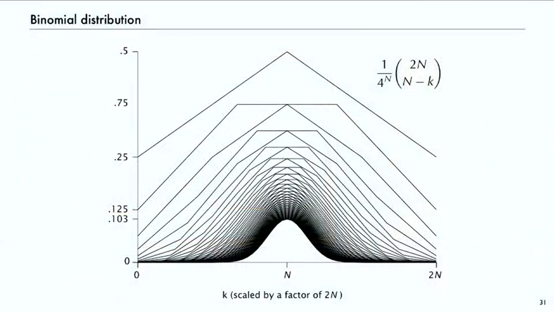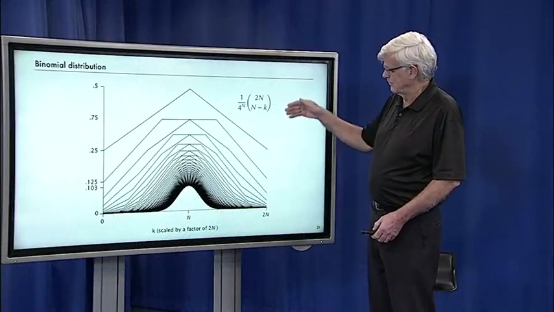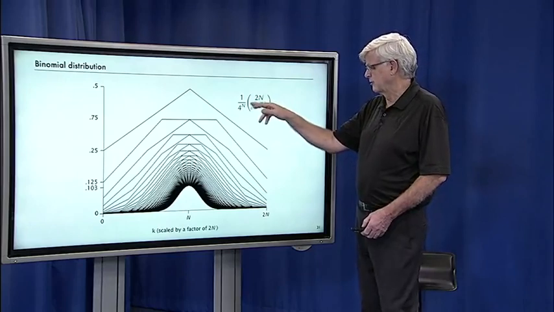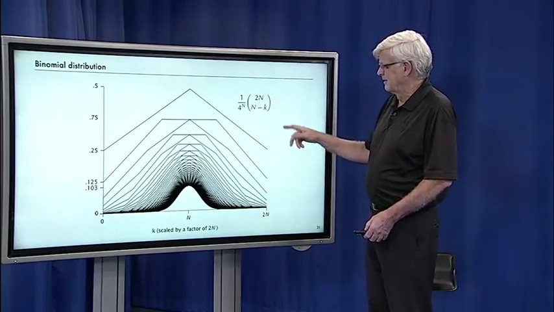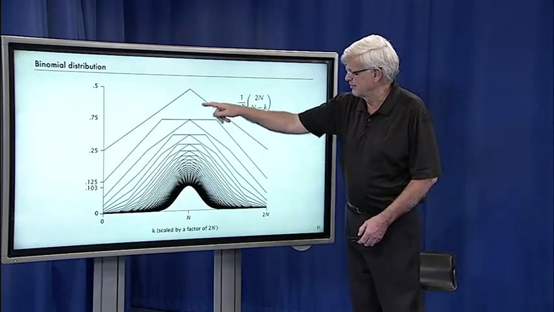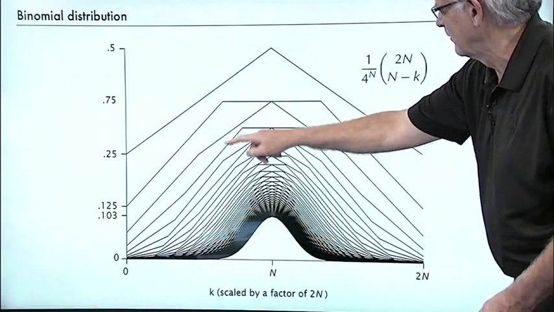So the binomial coefficients, for n equals 2, it's 1/4, 1/2, 1/4, or just forgetting about the exponential scaling factor, that's 1, 2, 1, and this is 1, 3, 3, 1, 1, 4, 6, 4, 1.